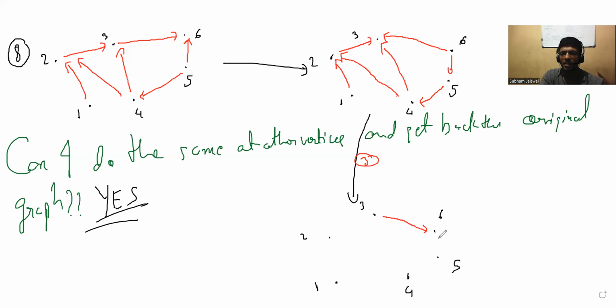Then this becomes like this. So let's first change everything at 3. You make it like this, and other things remain the same. So the graph is not exactly what we want.